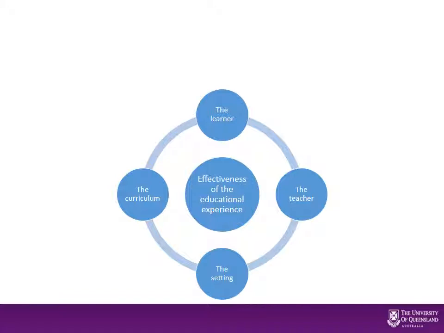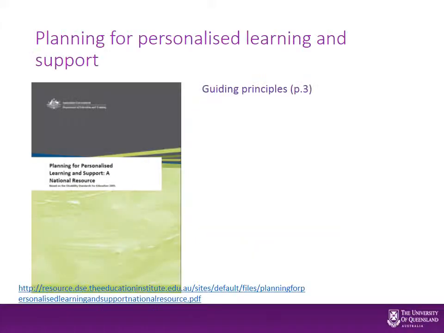There's the learner, the teacher, the setting, and the curriculum. So planning personalised learning and support, which is a requirement of the Disability Discrimination Act and the Disability Standards for Education, we have to be thinking about those 4 aspects. There's a link there that you can find for this particular document.